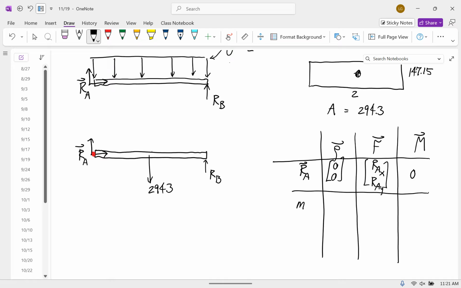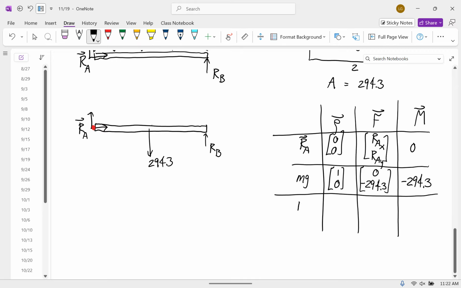Then for the weight force, that's acting at 1 meter. So rho vector is 1, 0. The force is 0, negative 294.3. Cross product is negative 294.3. And then RB is acting at 2, 0. Force is 0, positive RB. Cross product is 2 RB.